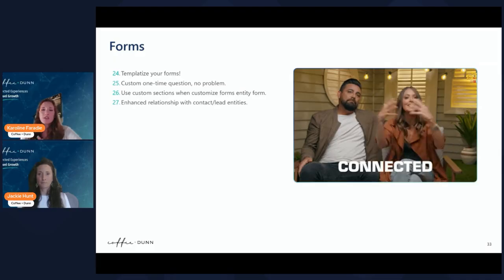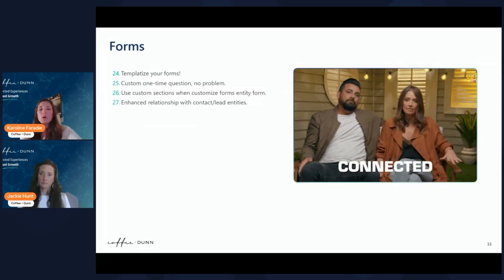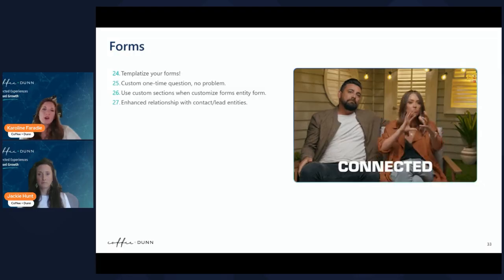If you wanted to see those records in the list view of the form submission, it was just very hard to do. Microsoft acknowledged that relationship should exist. And so within the spring release, they added these relationships. That not only shows visibly, it's easier to connect the dots to the contact and lead and traverse to those records.